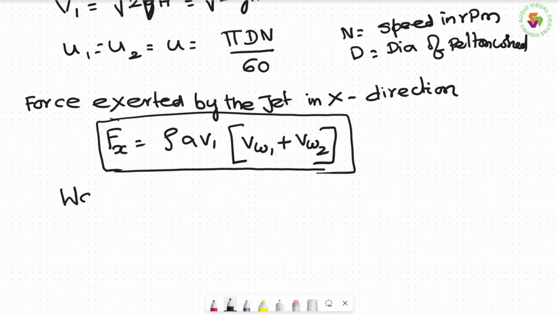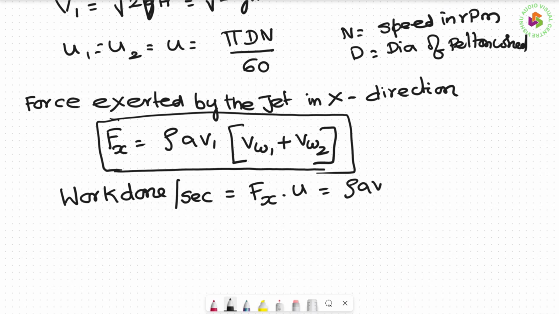Then the work done per second is equal to Fx into U. So that is equal to rho A V1 into (VW1 plus VW2) into U. So this is the second thing, the work done that we got already. Then what is this work done actually?